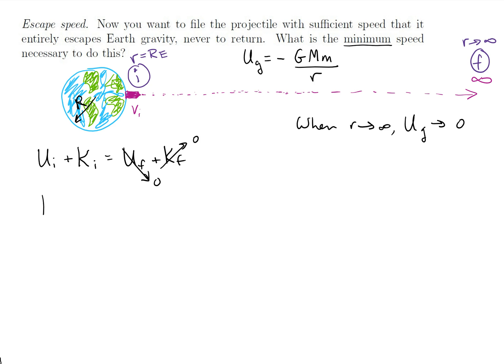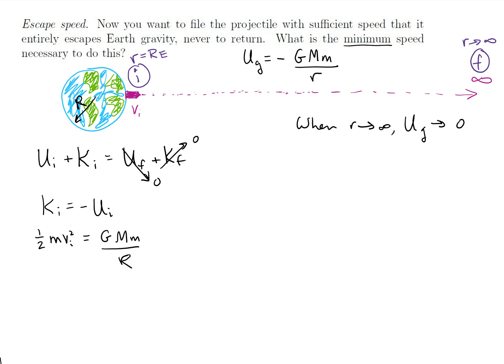So our escape speed is going to happen when our kinetic energy is equal to our negative potential energy. So 1/2 m v initial squared equals negative U initial, so G M m over r.